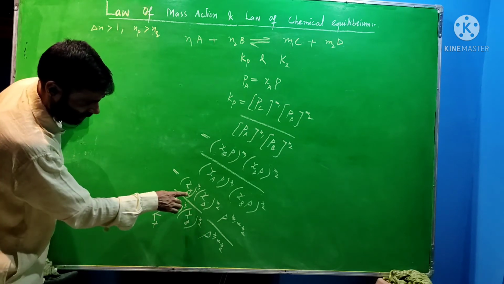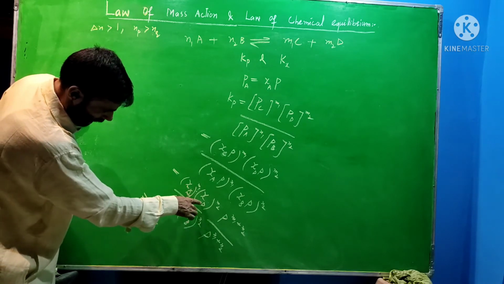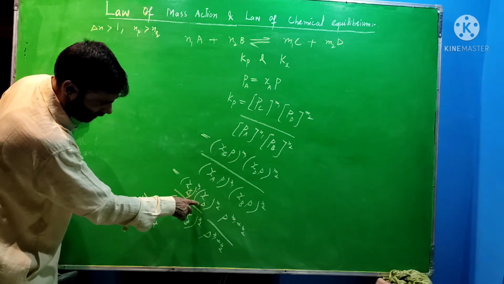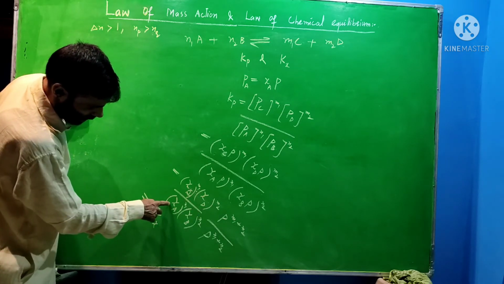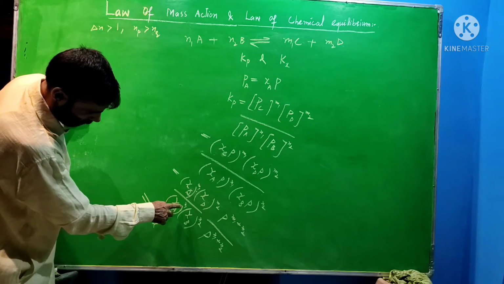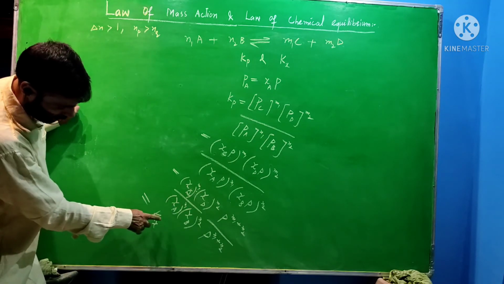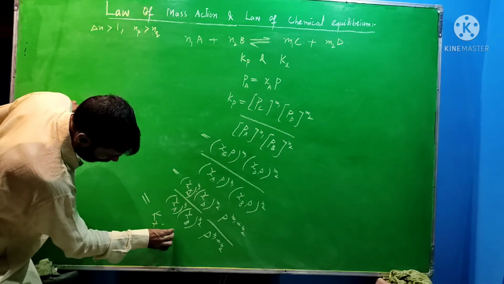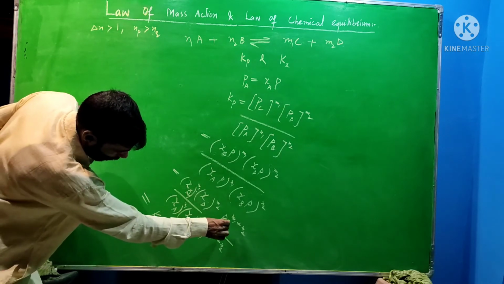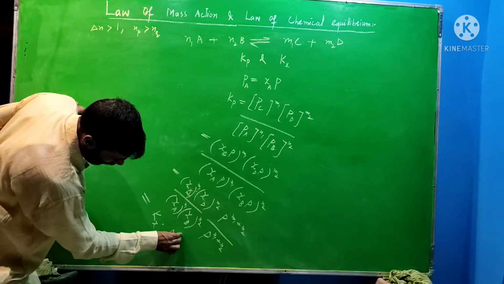These are the mole fractions of products, and these are the mole fractions of reactants, and this is their ratio, with each term raised to its stoichiometric coefficient. This is denoted by Kx. Now, P raised to the power (m1 plus m2) minus (n1 plus n2) is again delta n.